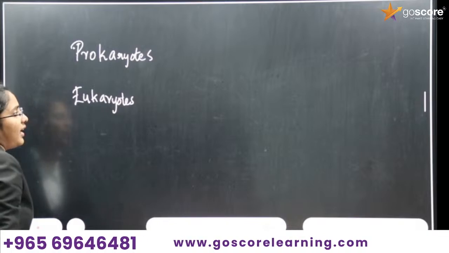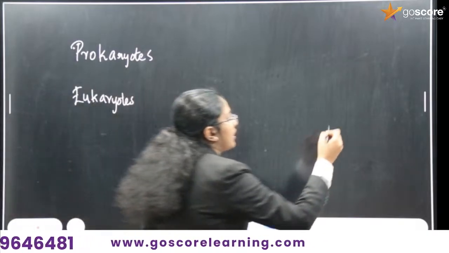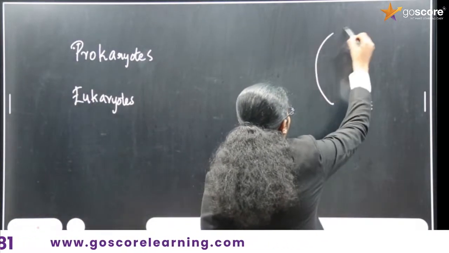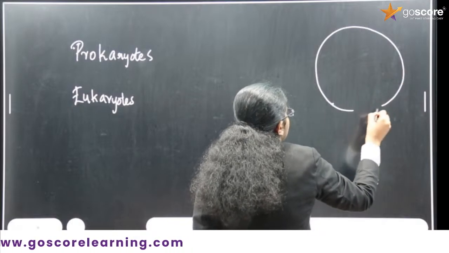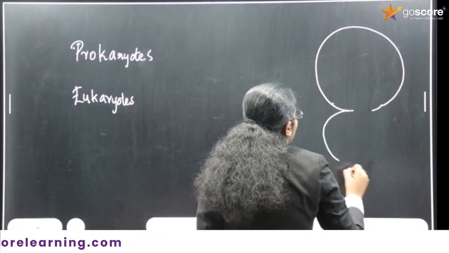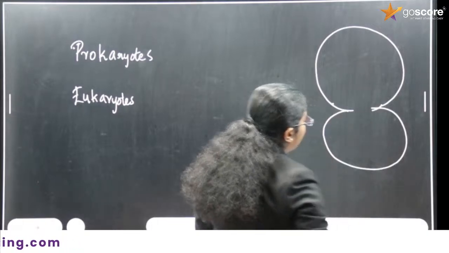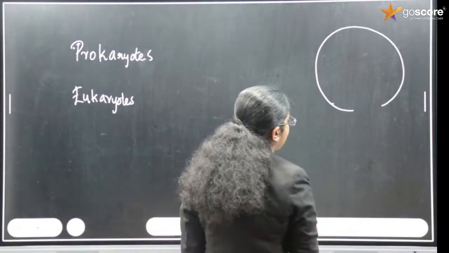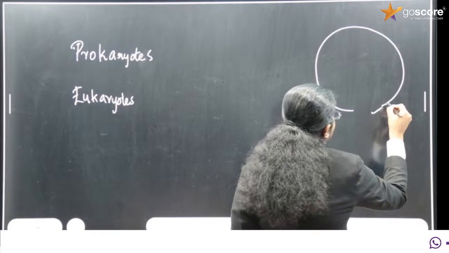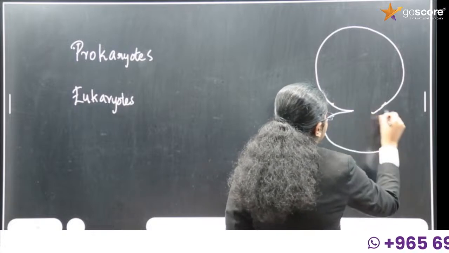If you are considering the structure of ribosome, you have to understand that it has a larger subunit and also a smaller subunit.